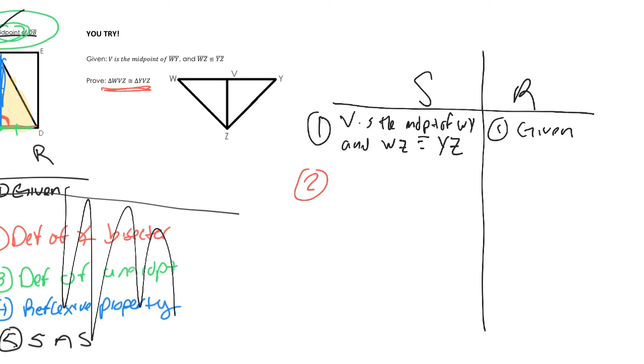So step 2, let's use that first given. V is the midpoint of WY. Well, here's WY. V is the middle. That means this side equals this side. WV equals YV. And we're using the definition of a midpoint. Abbreviating midpoint, making it quick. Step 3.